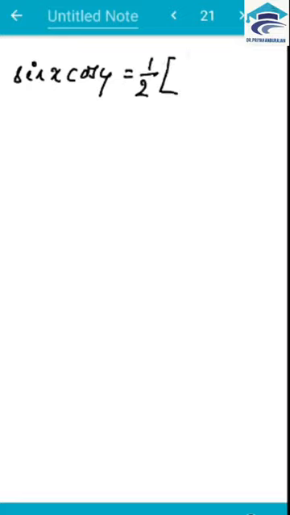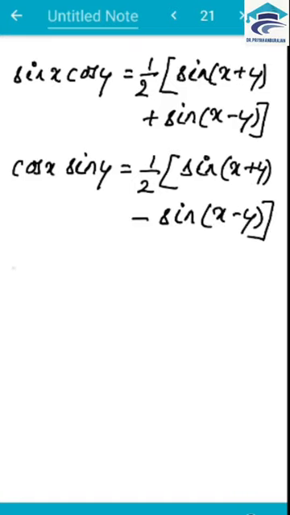It is 1 by 2 into sin of (x plus y) plus sin of (x minus y). Likewise, cos x sin y is equal to 1 by 2 into sin of (x plus y) minus sin of (x minus y).